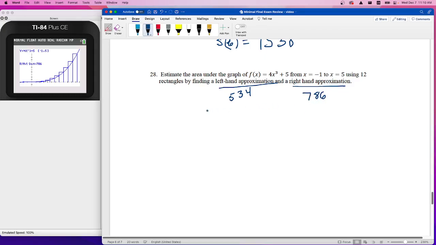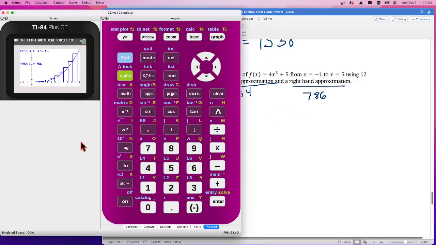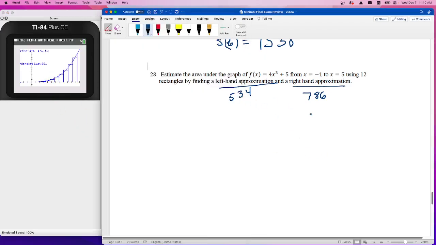And just while we're at this, if we add these together, the most accurate answer is probably about halfway between them, right? Add them together, divide by 2, that gets you an average, which should be fairly close to the midpoint sum. That's generally the best one we're going to get. There's the midpoint sum of 654, about halfway between there. That's the best approximation, but they didn't ask for that.